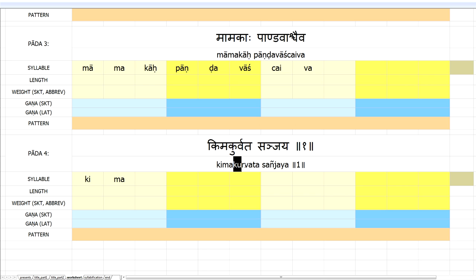And then we have two consonants in a row, so the r goes to the left, teams up with ku. And we have va, because the t moves on to the right. And then we have two consonants in a row here, so one of them goes to the left. San.